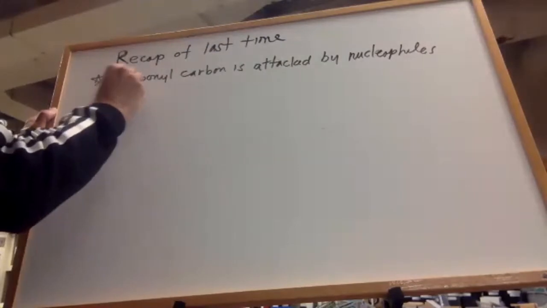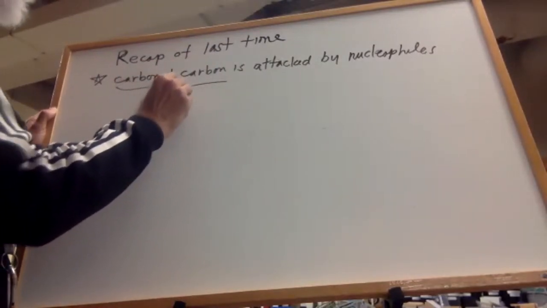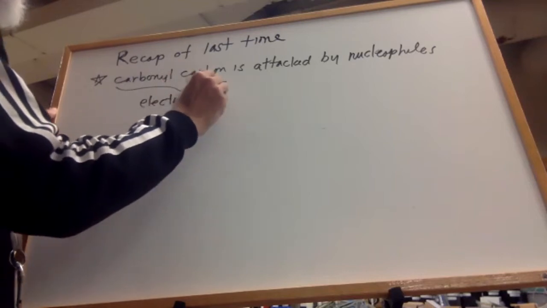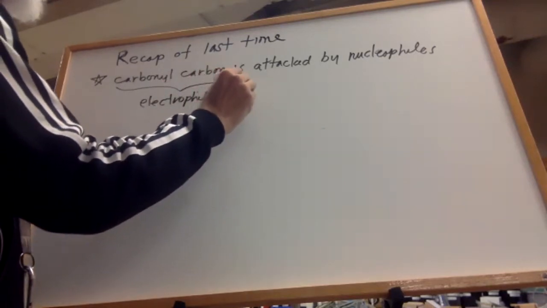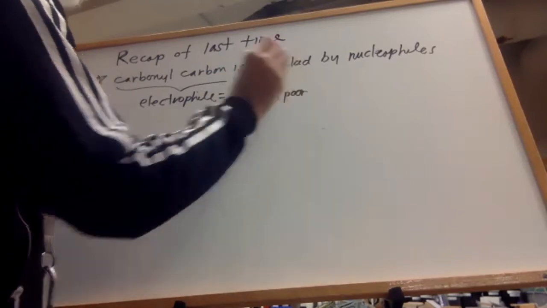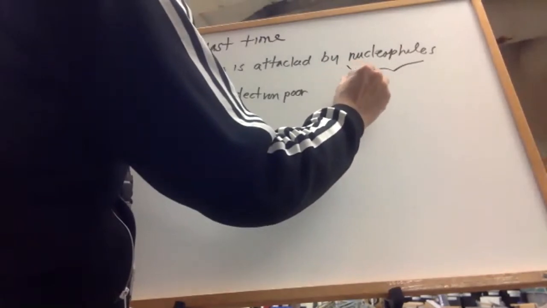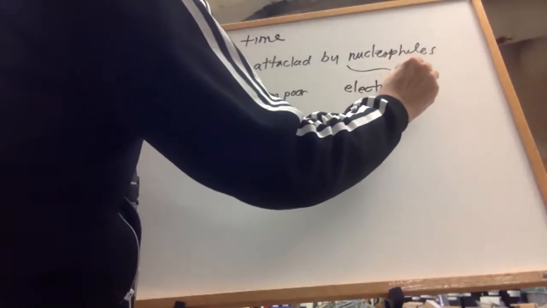The carbonyl carbon, this is an electrophile. That means it's electron poor. And a nucleophile is something that's electron rich.